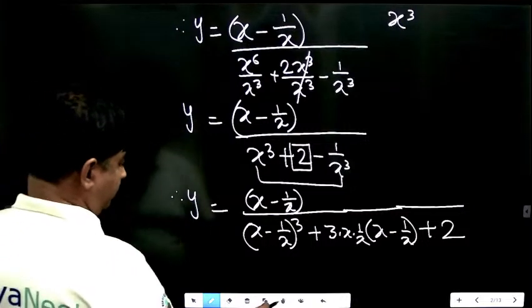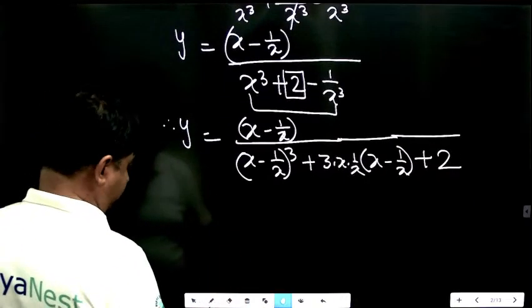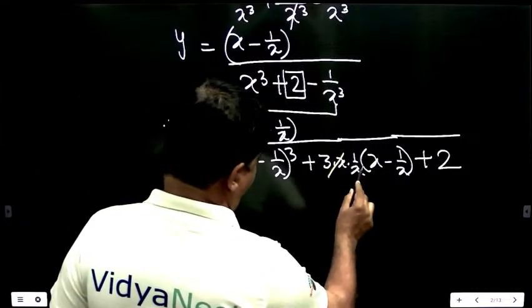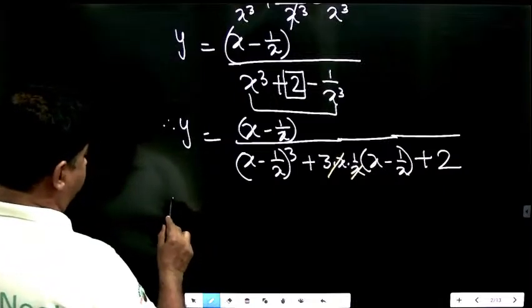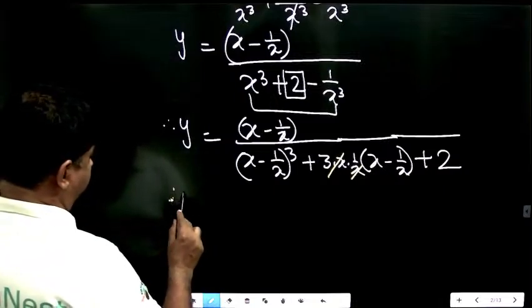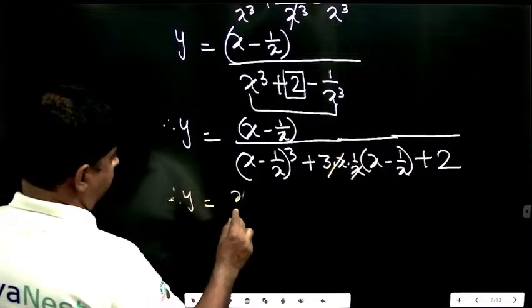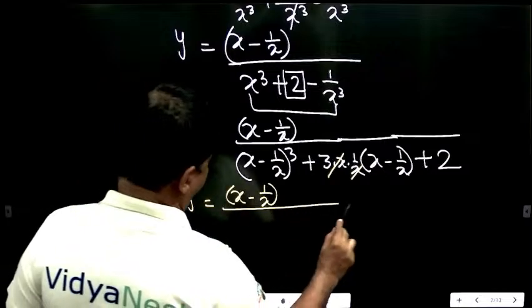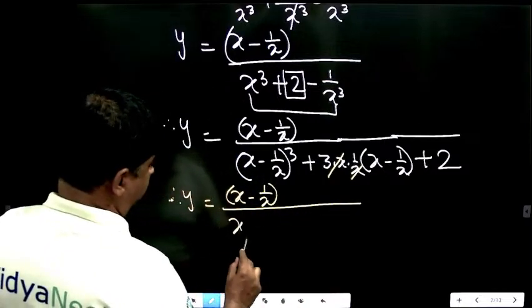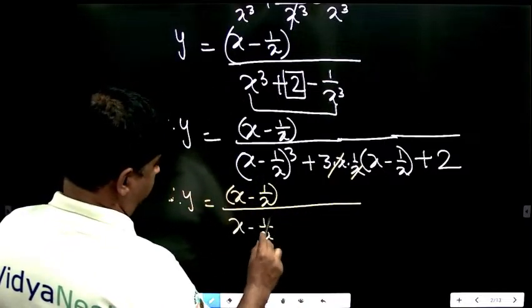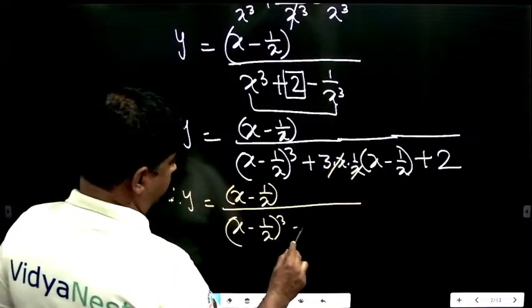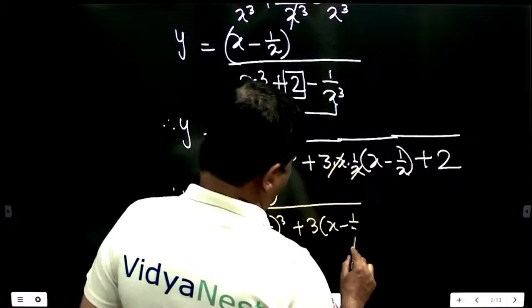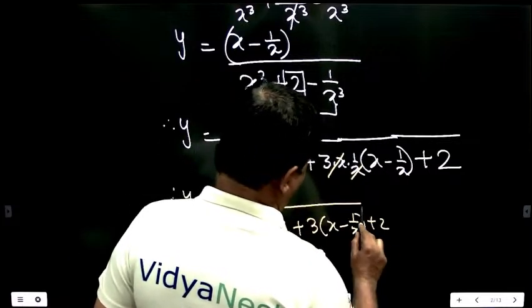Now here I can cancel these x and x. So we could reach up to this stage.